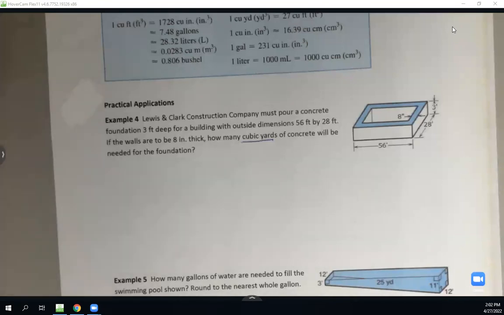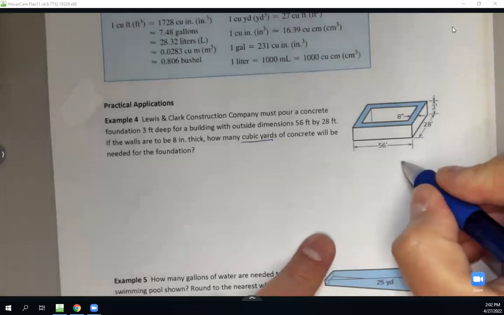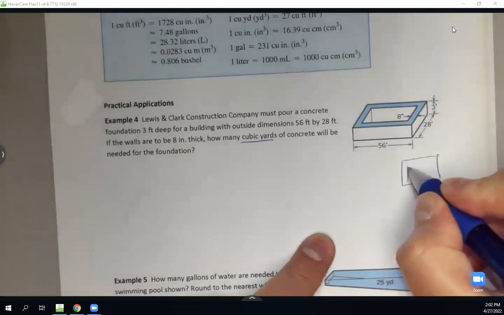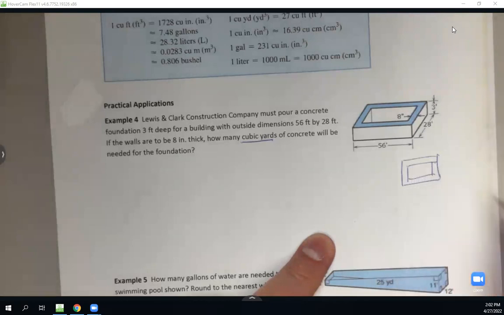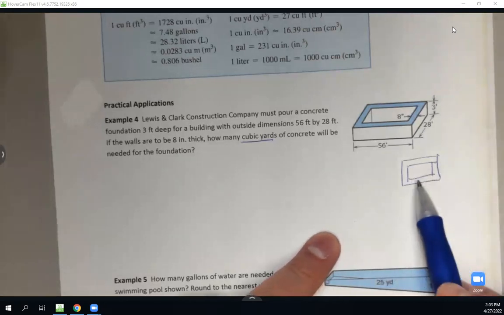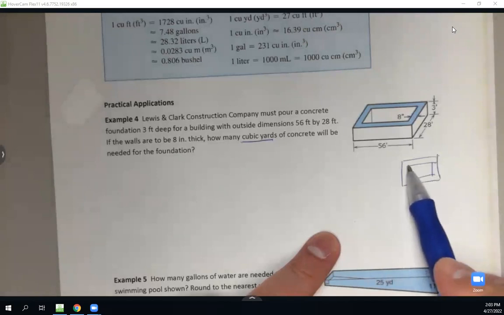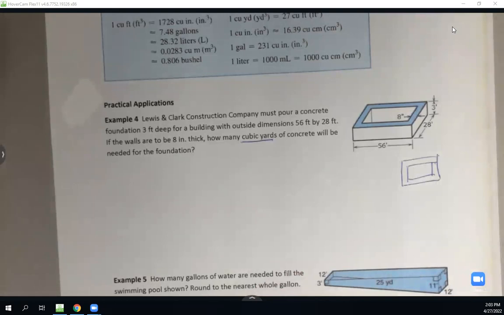One way that we can figure out the volume is to think about the base of this. So I could find the area of the outer rectangle and subtract the area of the inner rectangle in order to have the area of the base. And then if I take the area of the base times the height, that will give me the volume. Okay, does that make sense?